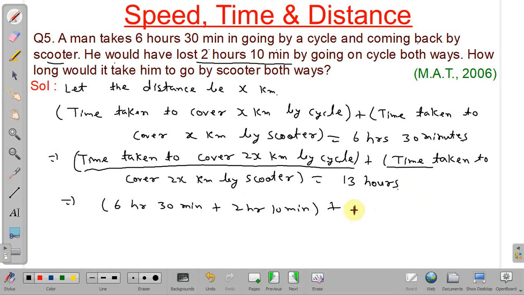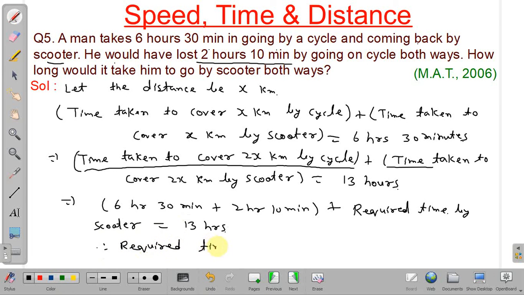So the required time by scooter is equal to 13 hours minus, see, 6 hours plus 2 is 8 hours, and 30 minutes plus 10 minutes means 40 minutes.